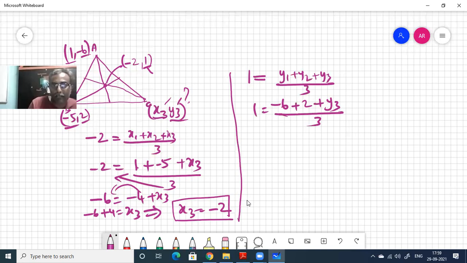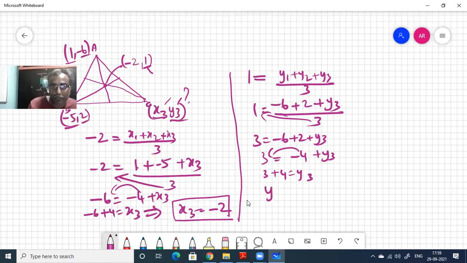Take the 3 to the other side: 3 is equal to -6 plus 2 plus y3. -6 plus 2 is -4. Take it the other side: 3 plus 4 equals y3, so y3 is equal to 7. So the third point (x3, y3) is (-2, 7). That's all.